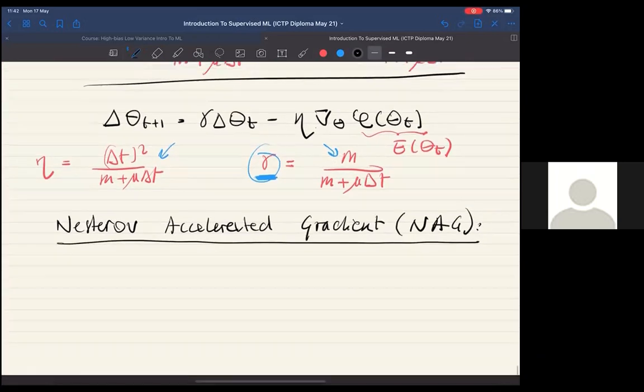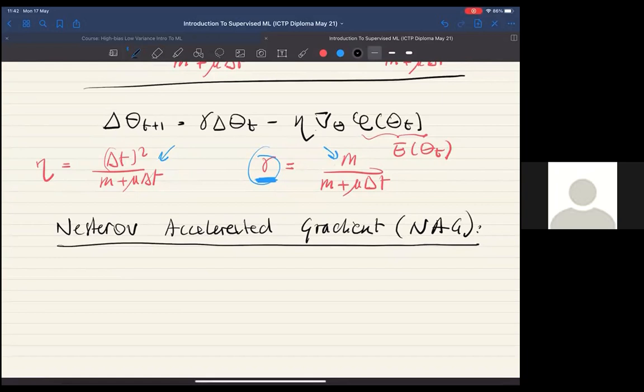Which is the same as gradient descent with momentum, except that the only difference, so as before, you have this momentum term. But the difference is that you evaluate the gradient of the cost, not at your actual position, but, and there is a typo in the notes, there is a plus, it should be a minus.